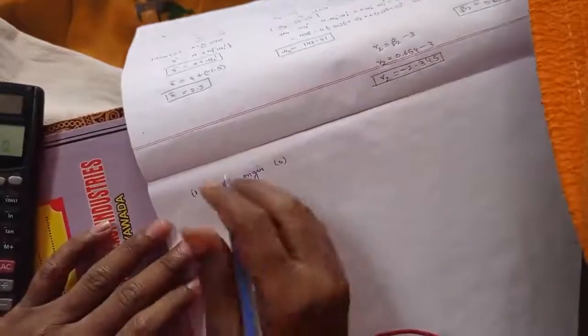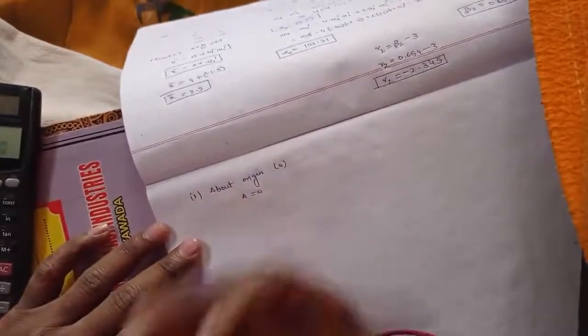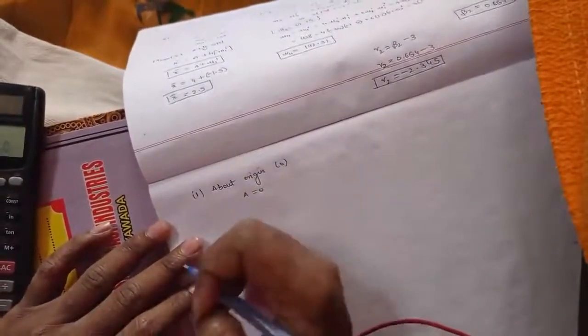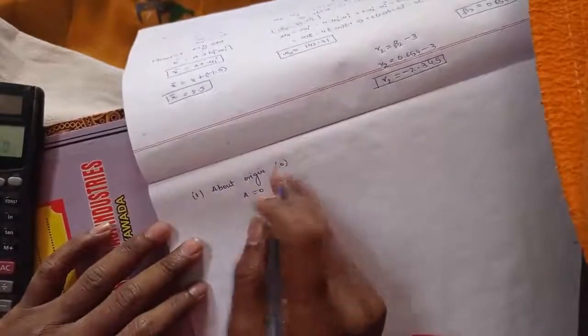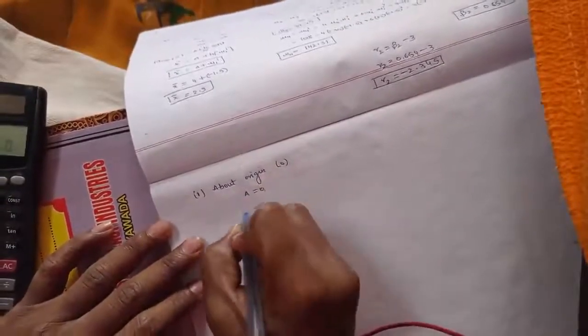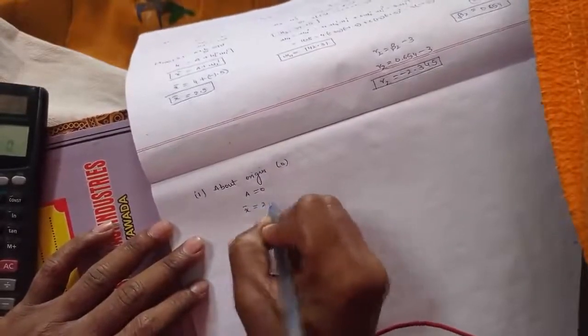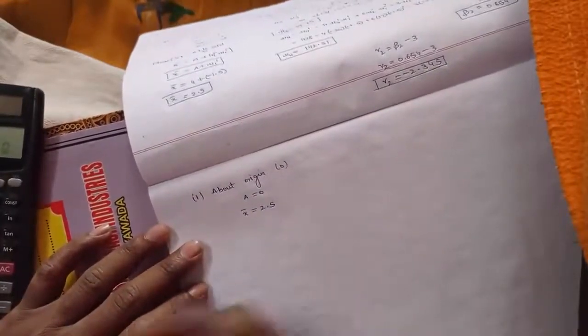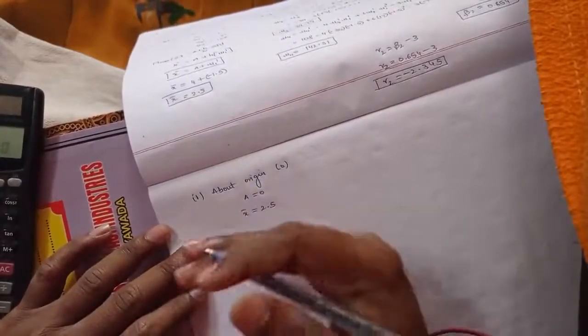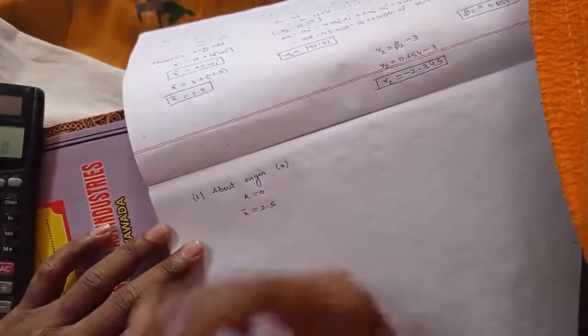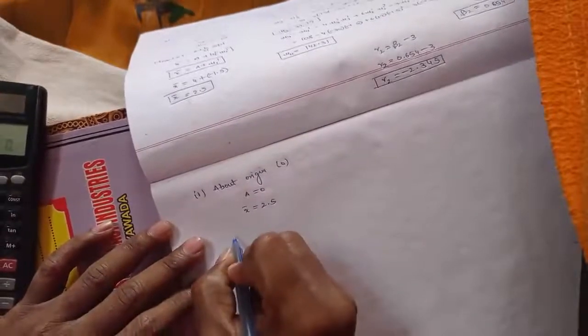Coming to the origin, first let us find all the arbitrary values. We know that a is equal to 0 at the origin, and x bar we already got to know that x bar is equal to 2.5. So let us find mu 1 dash, because at every point we have to create another separate arbitrary point. What is the formula?